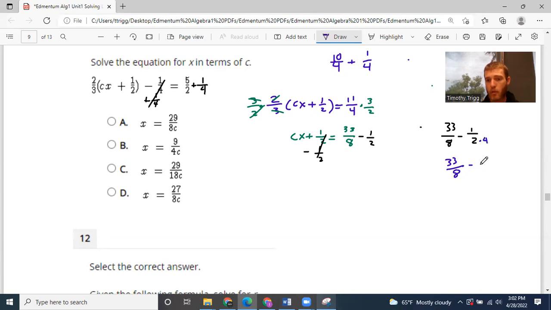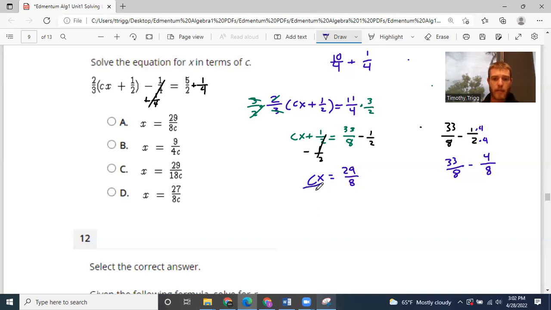To change to 8ths, I multiply by 4 in the denominator, which means I multiply by 4 also in the numerator. 33/8 minus 4/8 is 29/8. So I've got cx equals 29/8.